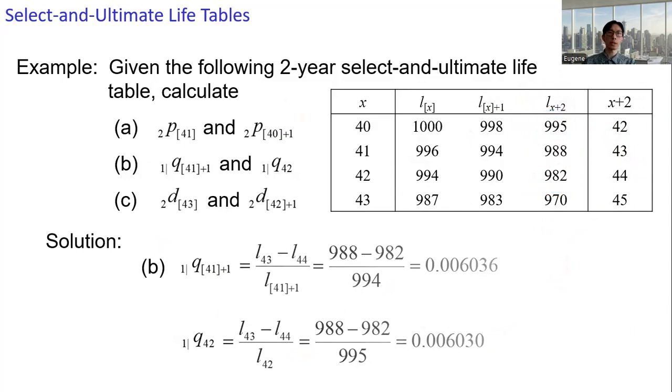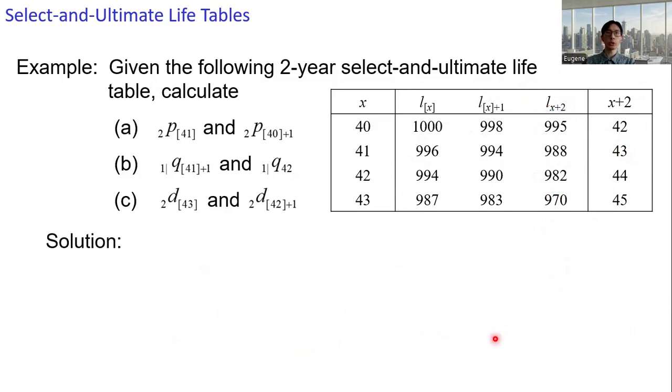Part C. The first quantity, 2d_[43], select age at 43, which is l_[43] minus l_45. For l_[43], the 43 is the select age.